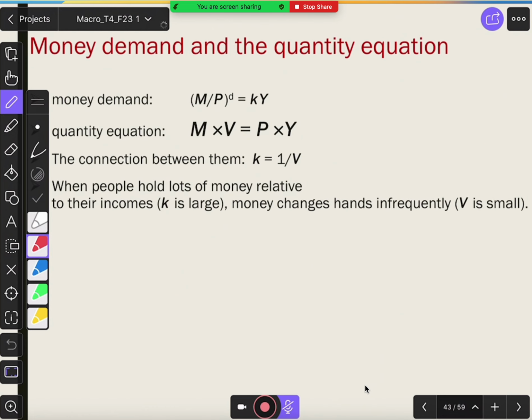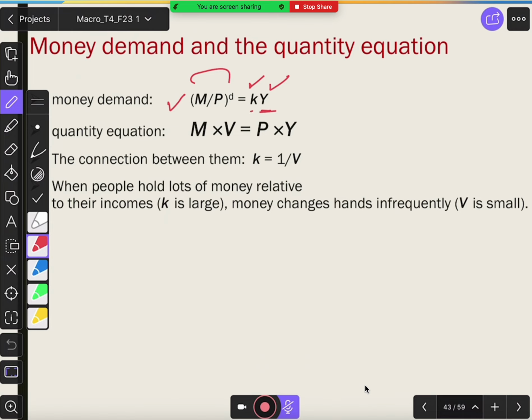Okay? So the demand for money, we kept saying money supply, but the demand for money is dependent on income. Okay? So I would demand money more when my income increases, and you can apply it to the whole economy. The whole economy would demand money more, right, as the GDP increases.